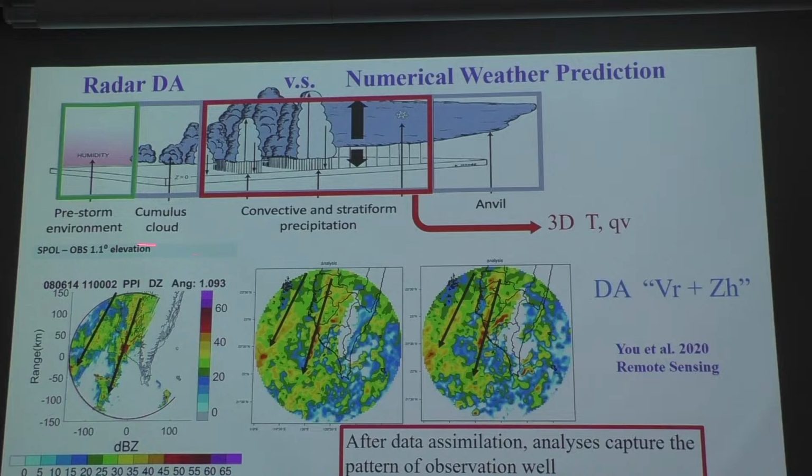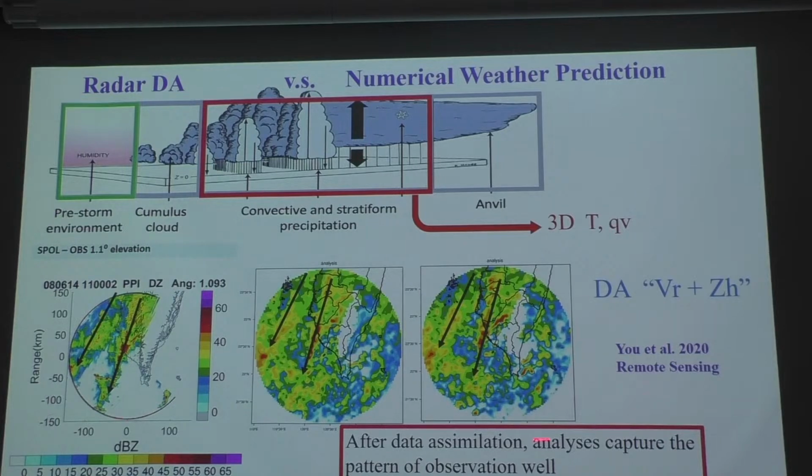The upper conceptual model shows that to deal with the convection and the entire precipitation system, including convective and stratiform precipitation, you also have to pay attention to the pre-storm environment, the cumulus cloud, etc. And also to understand what's going on in the entire precipitation system. Not only is rainfall the issue, you have to know the dynamic wind, and also the whole structures of temperature and humidity.